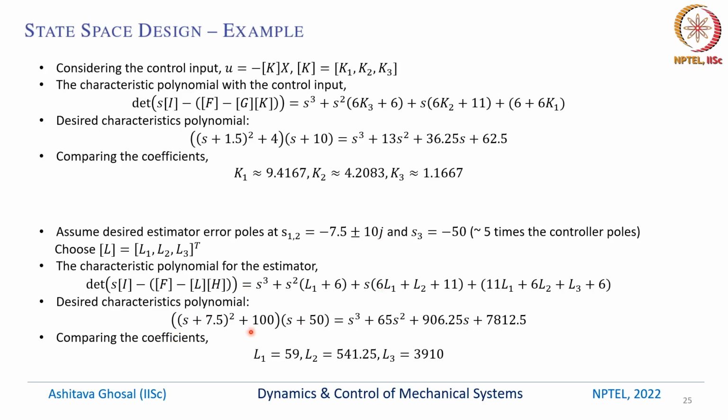So the characteristic polynomial is s³ + 65s² + 906.25s + 7812.5. Comparing these two cubics, we see that L1 is 59, L2 is 541.25, and L3 is 3910. So we can easily solve for the estimator gains L1, L2, L3.